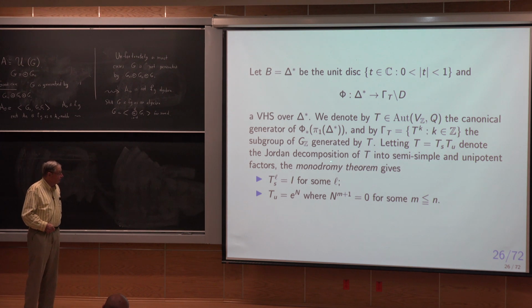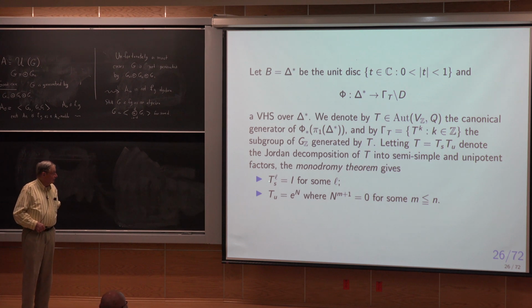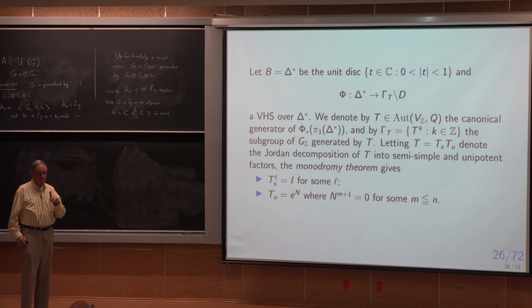And the monodromy theorem says that first any automorphism of a vector space decomposes into a semi-simple part and a unipotent part. So Jordan normal form. The monodromy theorem says the semi-simple part is of finite order. All the eigenvalues are roots of unity. And that the unipotent part has an index of unipotency less or equal to the dimension of the cohomology that you're interested in.